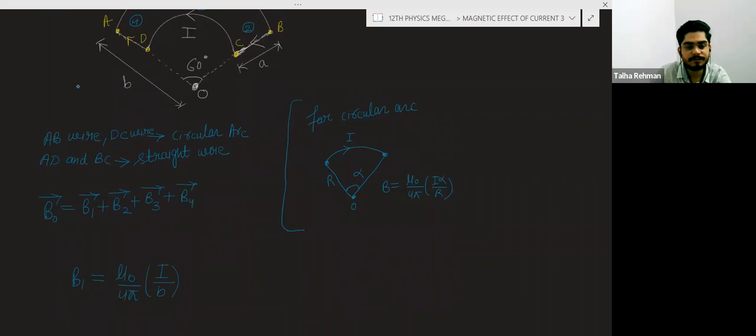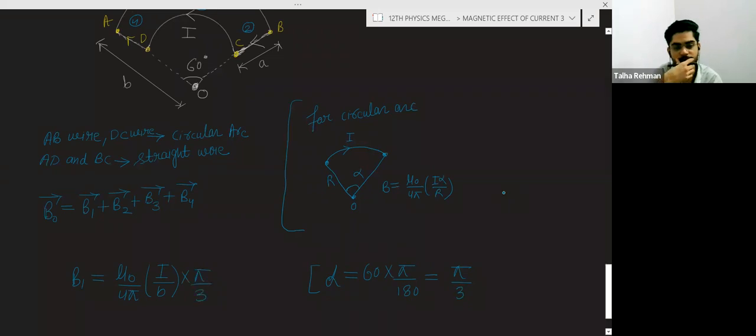And what is alpha? The 60 degree angle is given in degrees, so you will convert it into radians by multiplying with pi by 180. I think you have not revised your notes. You will get pi by 3. So for B1 you write pi by 3. First calculate the magnitude; after that we will discuss the direction.